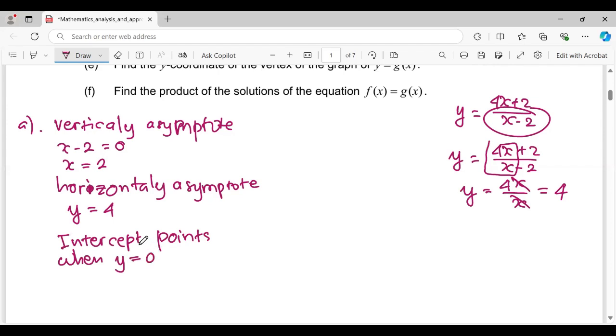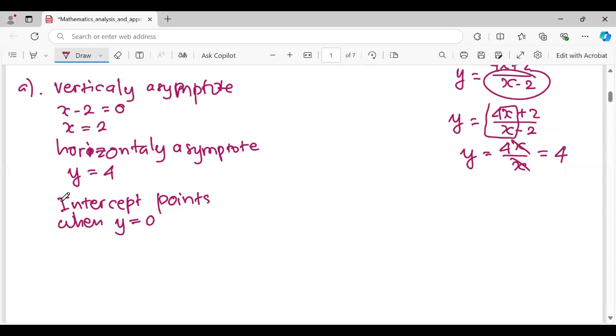Y equals 0 means the intercept point on the x-axis.